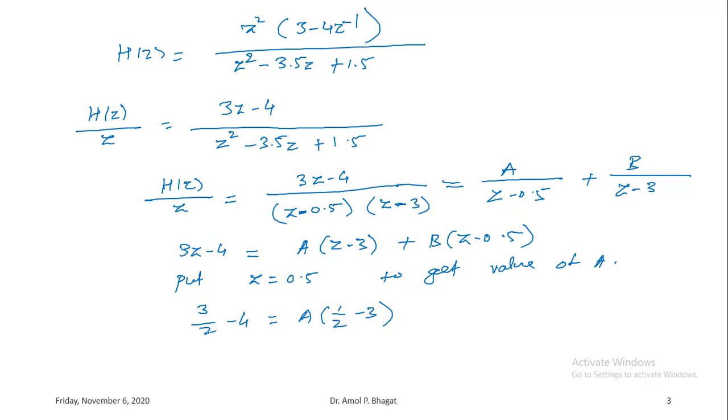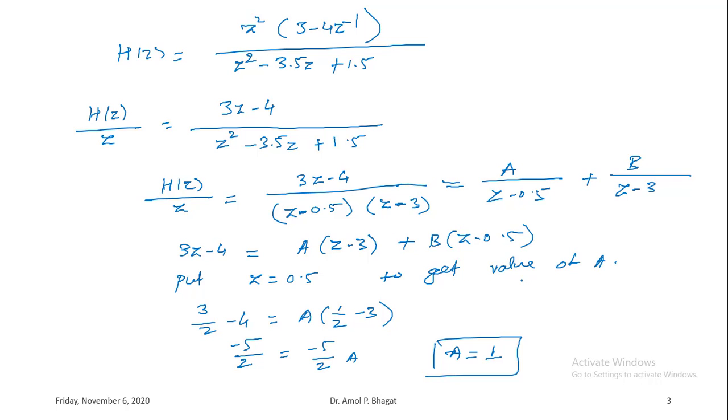So if I'm solving it, it will be minus 5 by 2 equal to minus 5 by 2a, right? So simply the value of a will be equal to 1. Similarly you can find out the value of b.